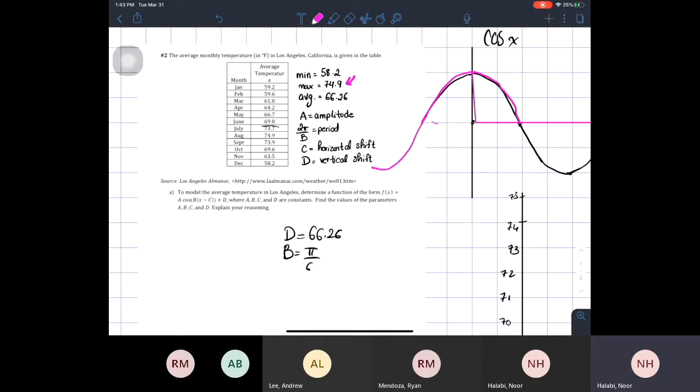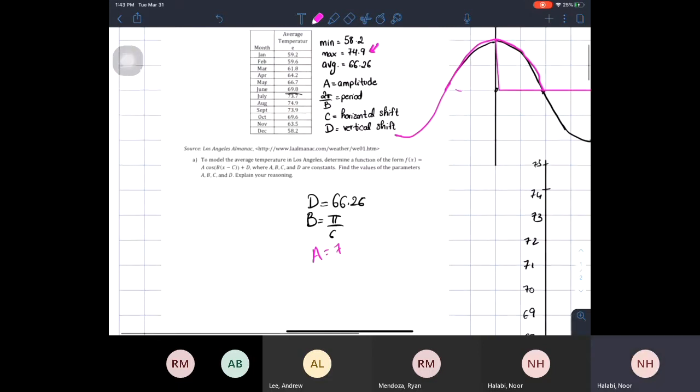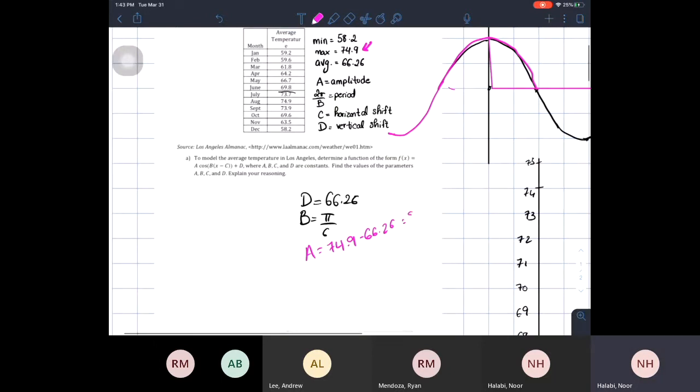So my amplitude, my A, will just equal 74.9 minus 66.26, and I ended up with 8.64.